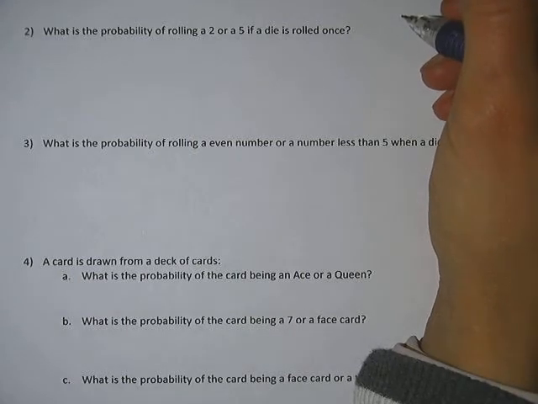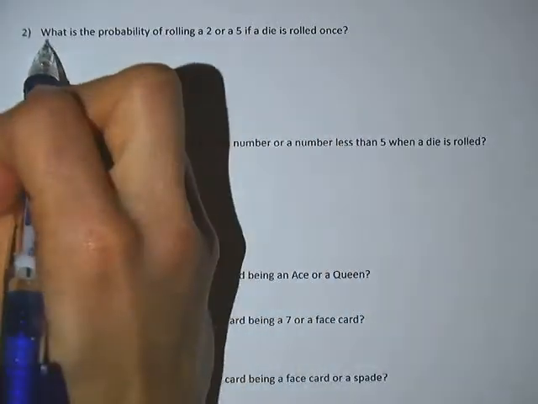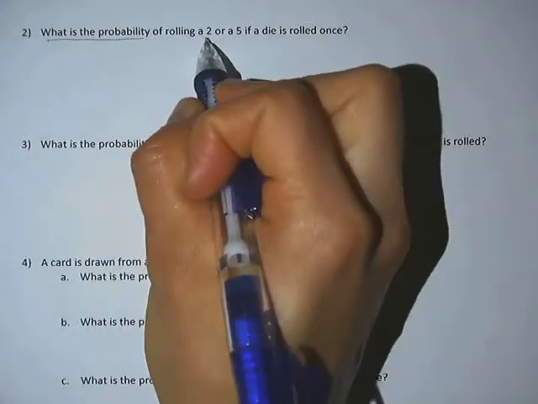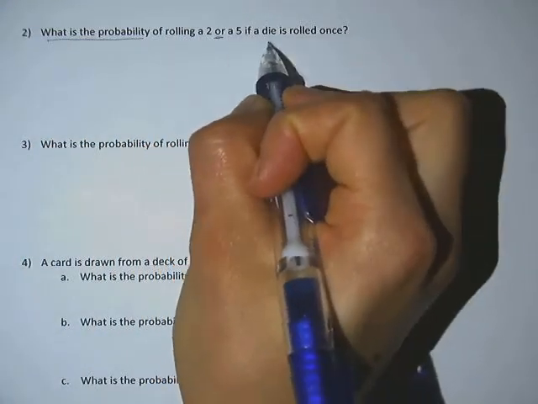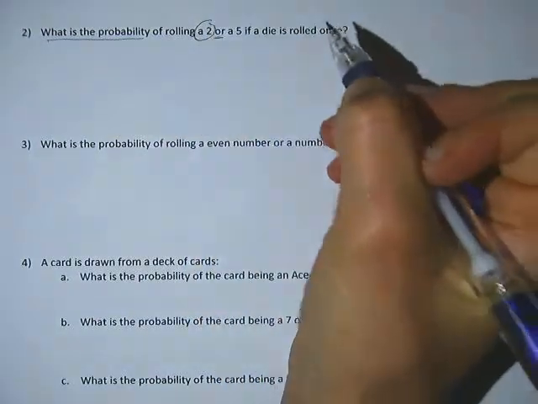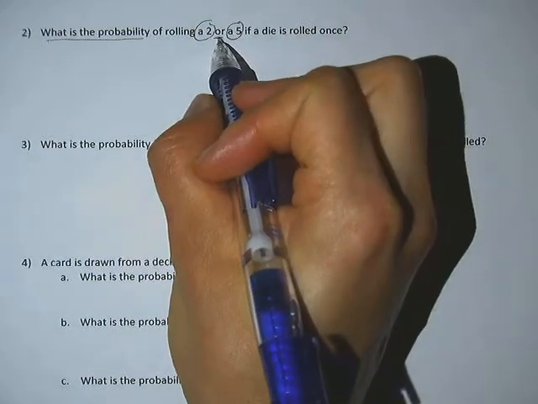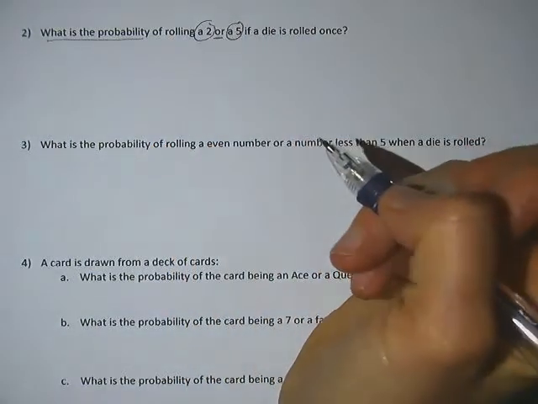So again, you can think of it like all the possibilities you have, which we had listed out on the other page. So what kind of problem is this? Notice it says, what is the probability of rolling a 2 or a 5, okay? So rolling a 2 is one of your events, rolling a 5 is the other event. And they're saying what's the probability of this or that happening. So it is a union.